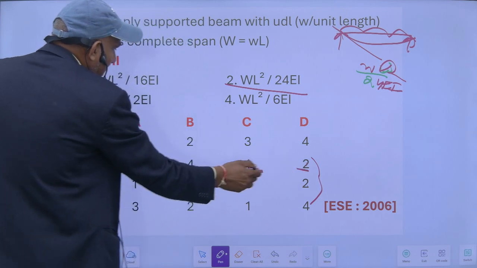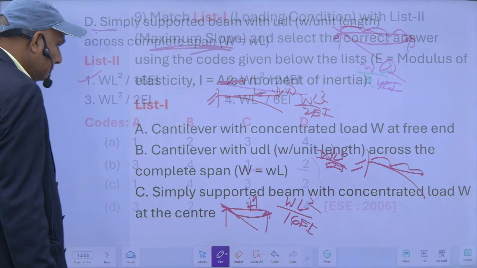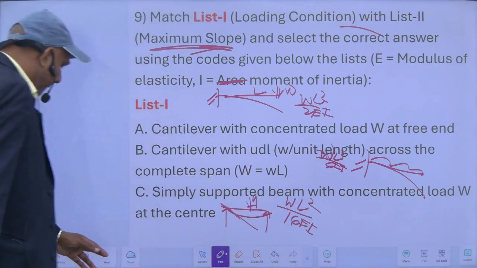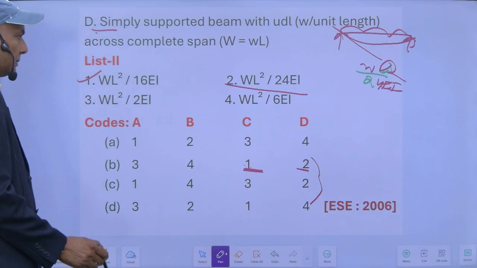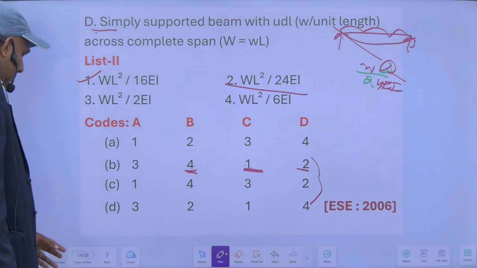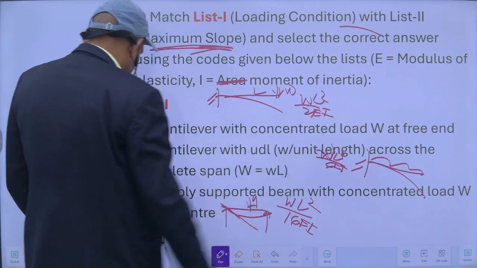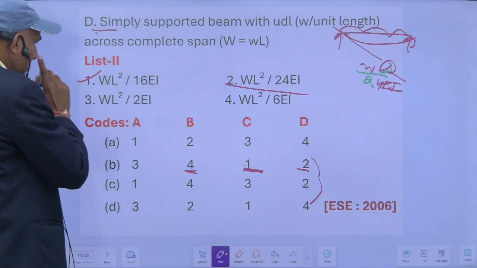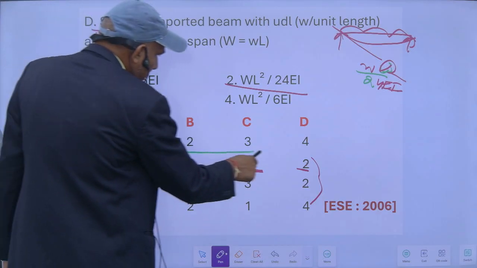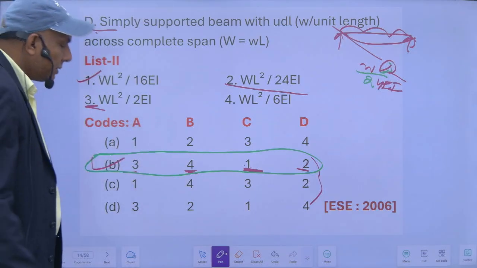It means this is the right option, and B with 6 EI means B with 4, and A, this is 2 EI. So A with 3. It means this one is the right option.